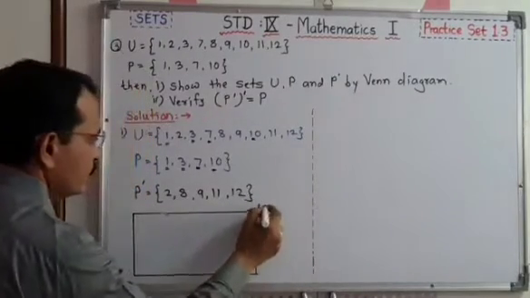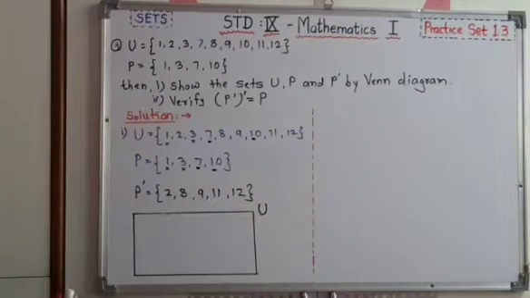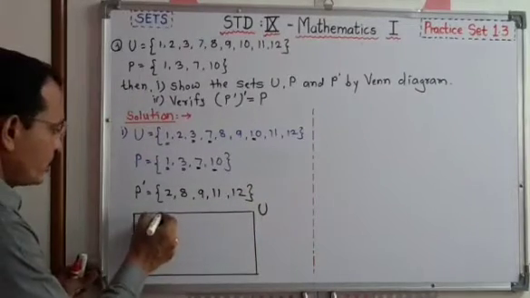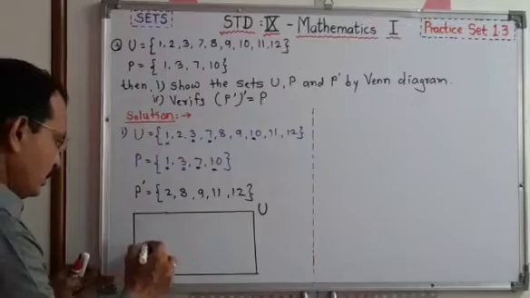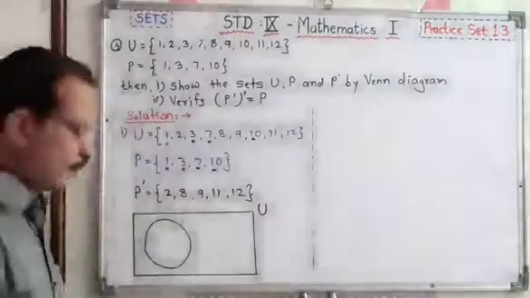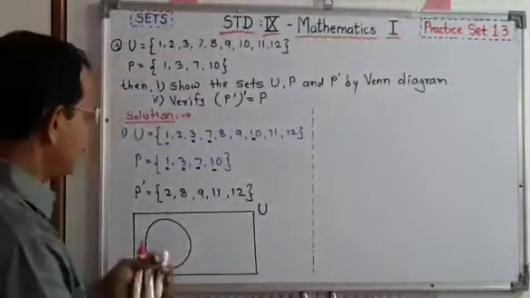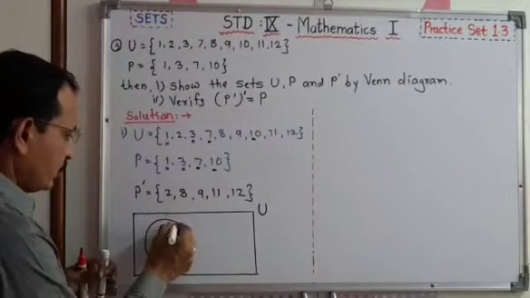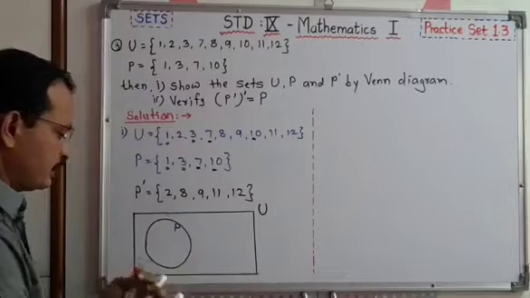This is the universal set. Then, dear student, we have to write the set P. We draw the circle. In that circle, this is set P, and we write the elements of set P.